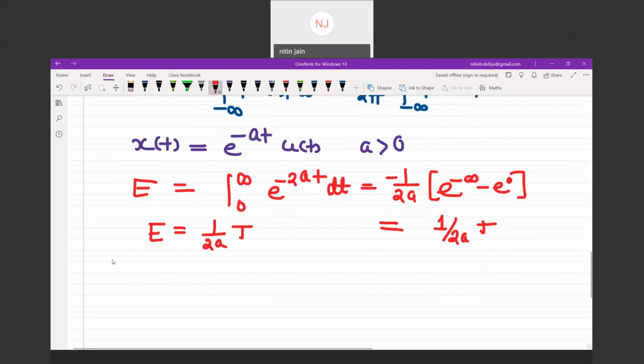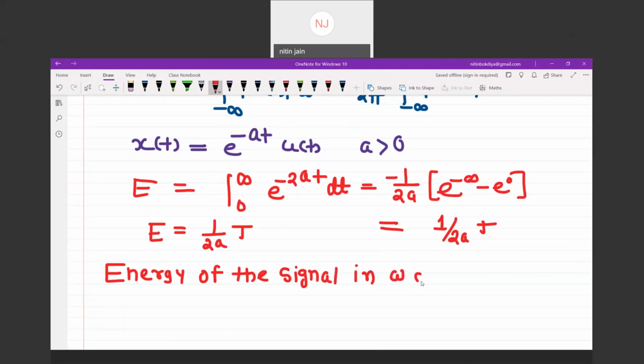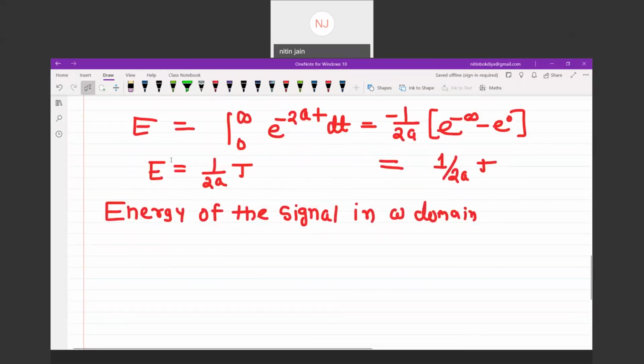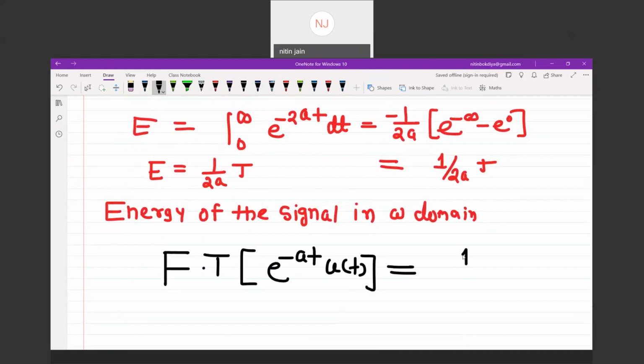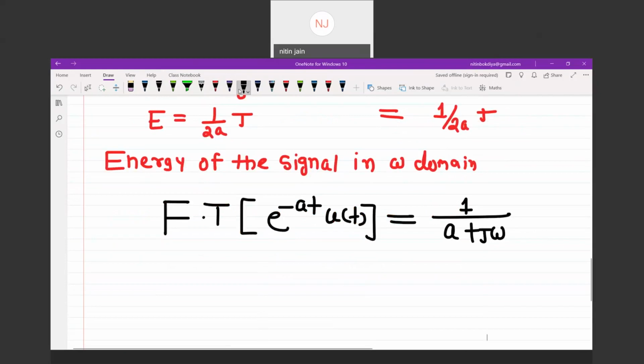The energy of the signal in the omega domain: the Fourier transform of e^(-at) u(t) is equivalent to 1 divided by (a + jω). So the magnitude of X(ω) is 1 divided by the square root of a² + ω².